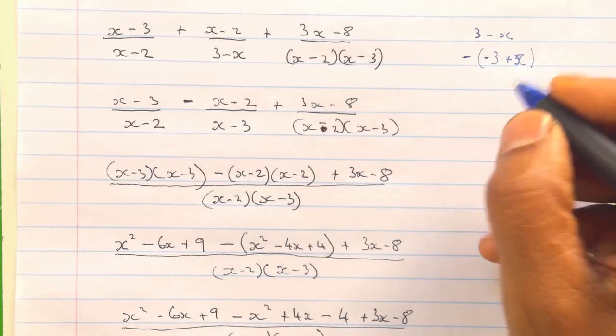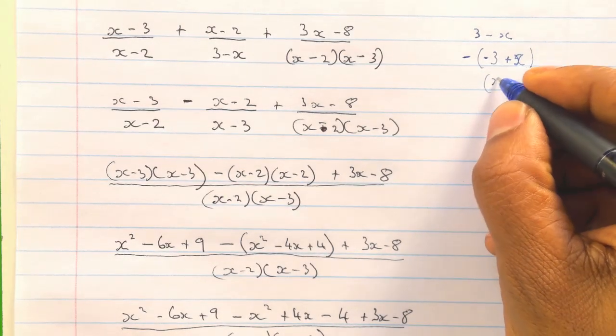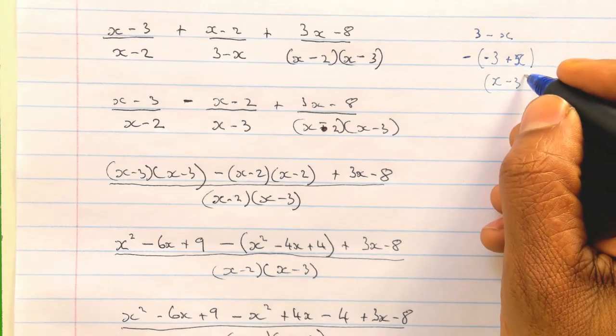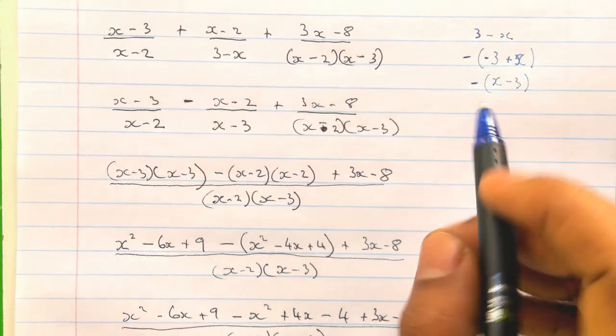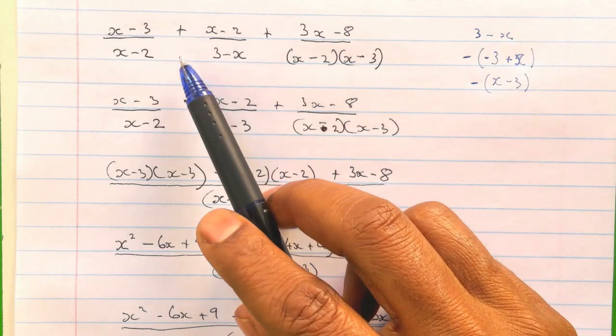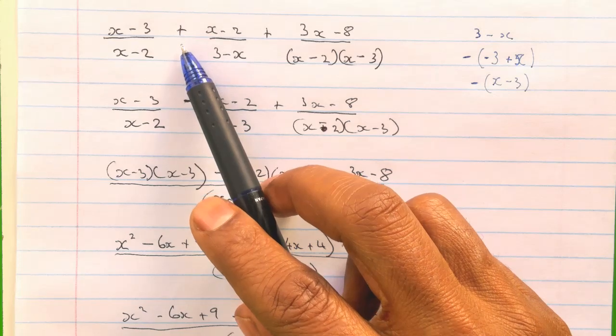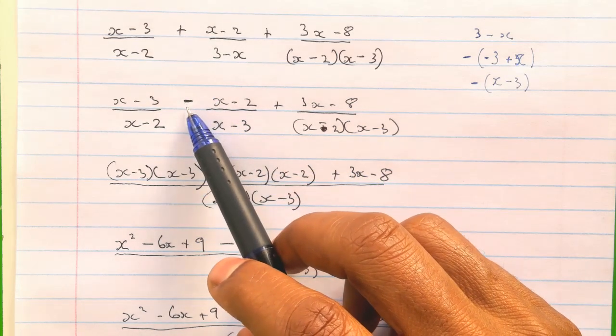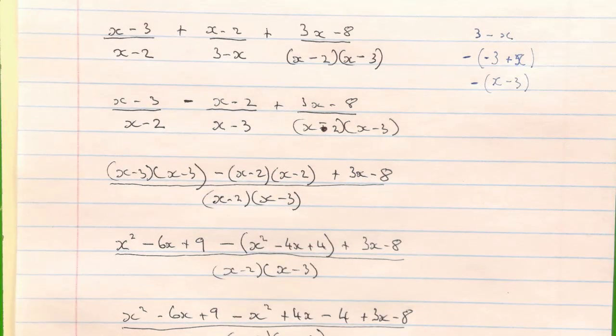Then if I switch them around, I'll have x minus 3. Then this negative will have to go battle with that positive, and then it will become negative. Okay, then what happened now?